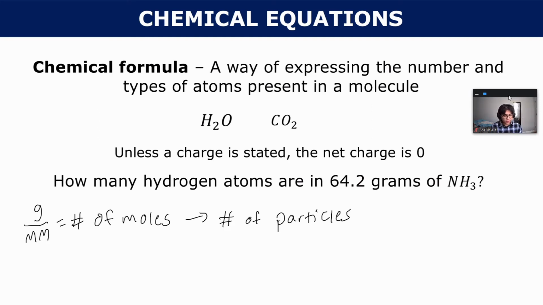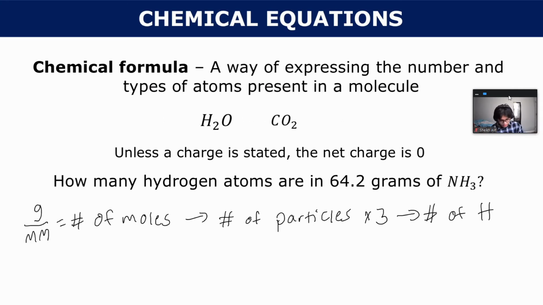Because we're going to divide the grams of NH3 over the molar mass of ammonia to get the number of moles of ammonia. But in one molecule of ammonia, you're going to have 3 hydrogen atoms. So in order to get the total number of hydrogen atoms, we need to multiply the number of particles of ammonia by 3. And that's going to give us number of hydrogen atoms.